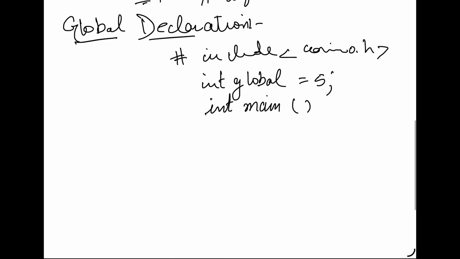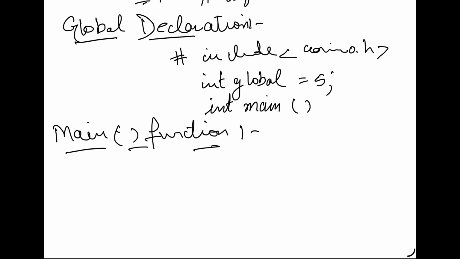The next important section is the main function. It uses brackets. This section contains the main function, which is the part where the C program starts. It is a necessary function and you cannot have more than one main.